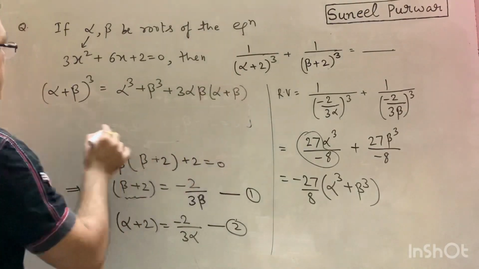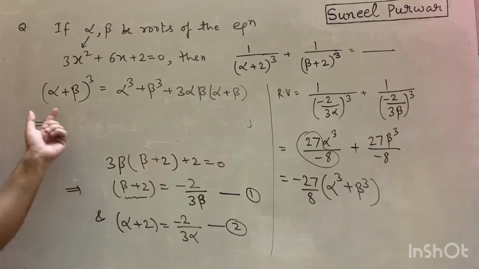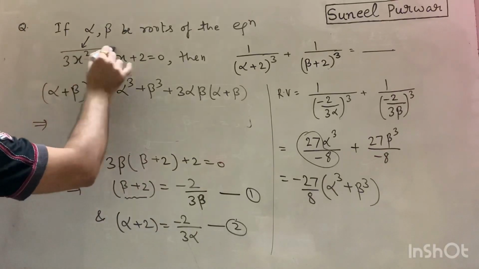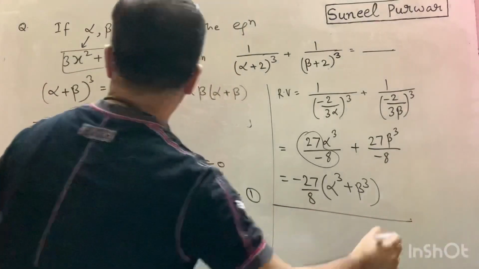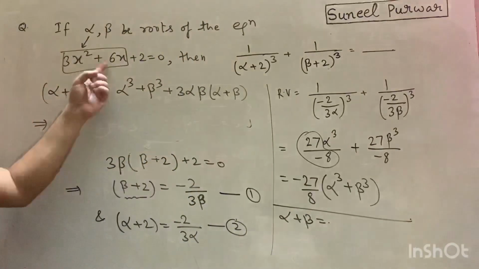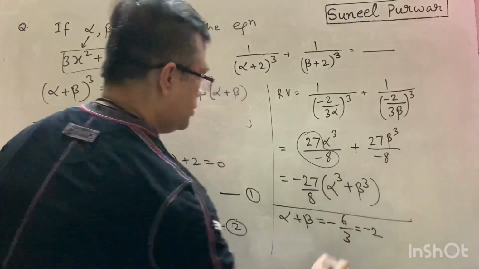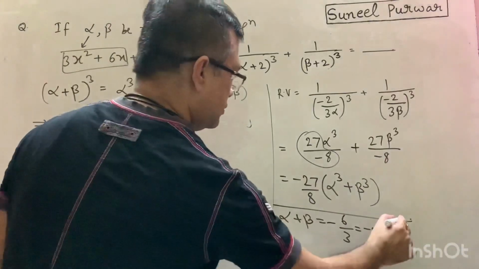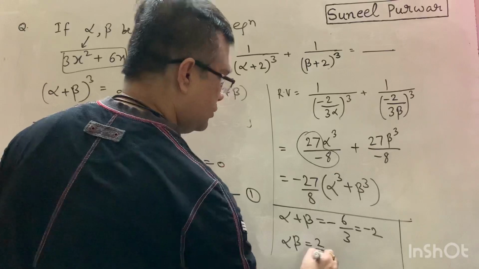So time to use that formula. Sum of the roots, alpha plus beta, is minus b by a, which is minus 6 by 3, that is minus 2, and product of the roots, alpha beta, is c by a, which is 2 by 3.